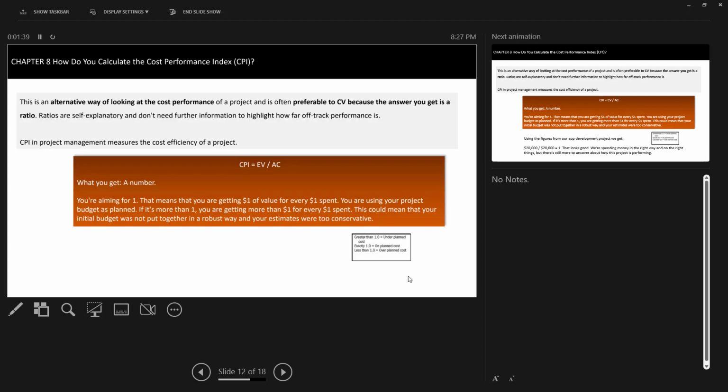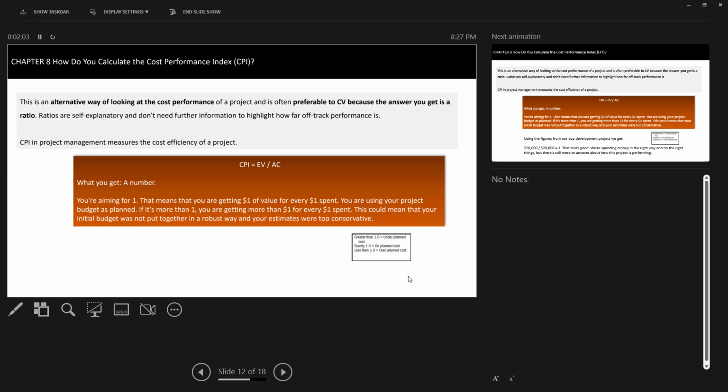The next one, cost performance index, CPI. This is an alternative way of looking at the cost performance of a project, and the ratios here are pretty self-explanatory. You don't need further information to see how on track or off track your project is performing. The formula is earned value over actual cost.